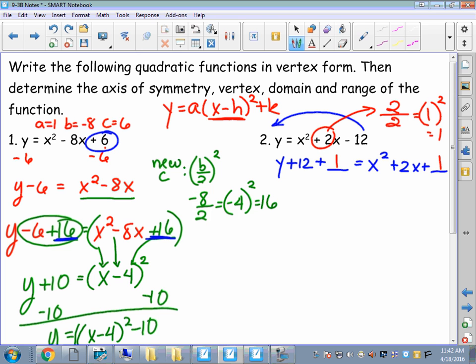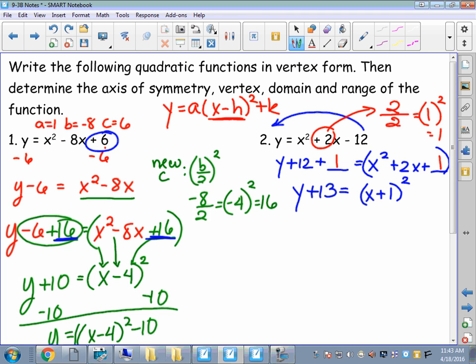Now let's clean up. 12 plus 1 is 13. y plus 13 is equal to, I need to factor this. When I factor this trinomial, what multiplies to give me 1 and adds to give me 2, is x plus 1 times x plus 1.